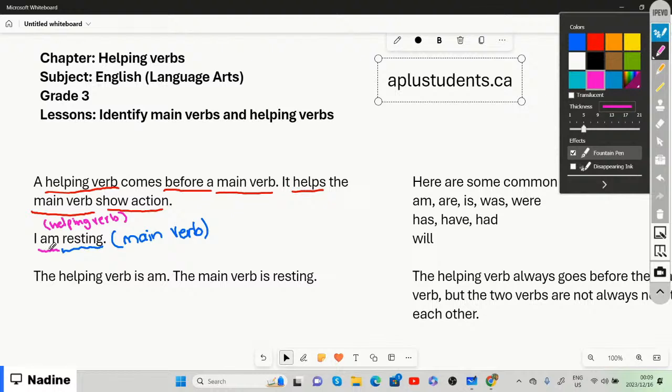So am is the helping verb and resting is the main verb. Is everybody okay with that? So basically the helping verb is am and the main verb is resting.